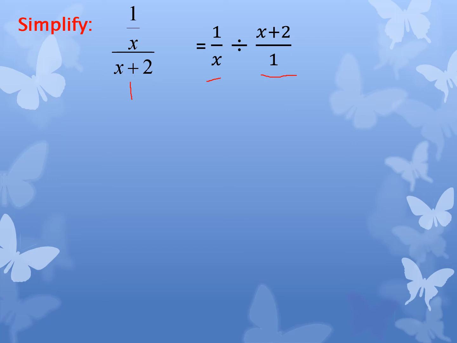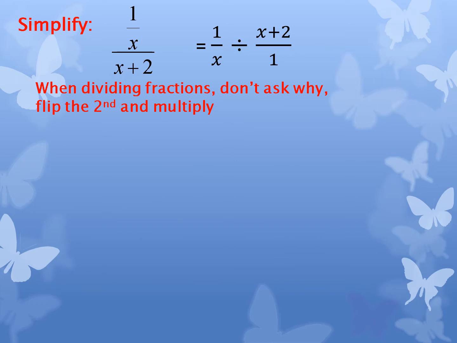Now, depending on who you had for 6th or 7th grade math, you may have heard different versions of this sing-songy rule. When dividing fractions, don't ask why, flip the second and multiply. Now, your teacher may have said, when dividing fractions, don't be shy, flip the second and multiply.